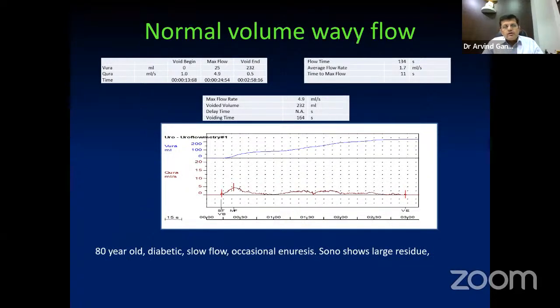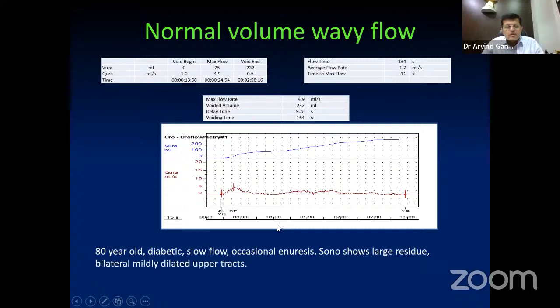Going a little bit further, now you see that this is a typical wavy form, like the patient is taking all his time. You see that he has voided just 232 ml with a very poor Qmax, 4.9 ml. And the maximum flow rate is also just 4.9. But what is more significant, you see here that he has taken 3 minutes to pass just 200 ml of urine, with some hesitancy, but a prolonged void.